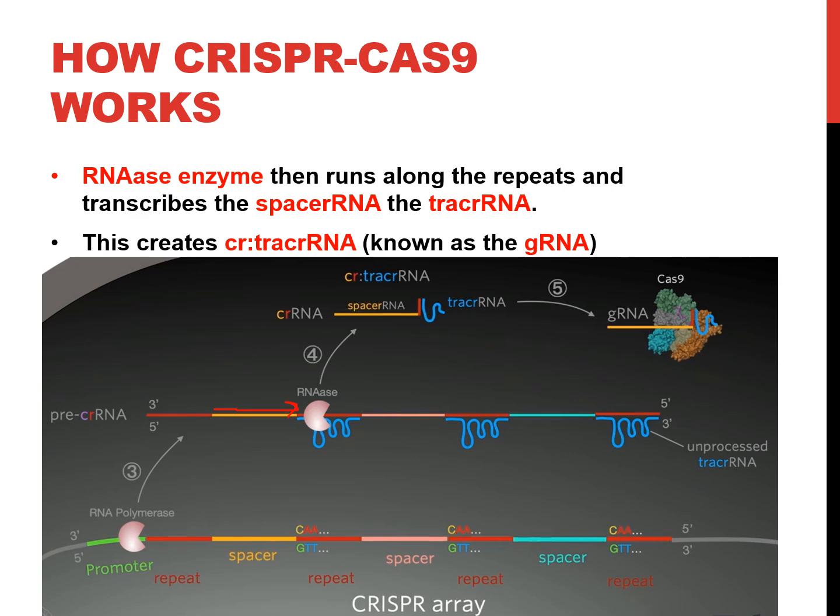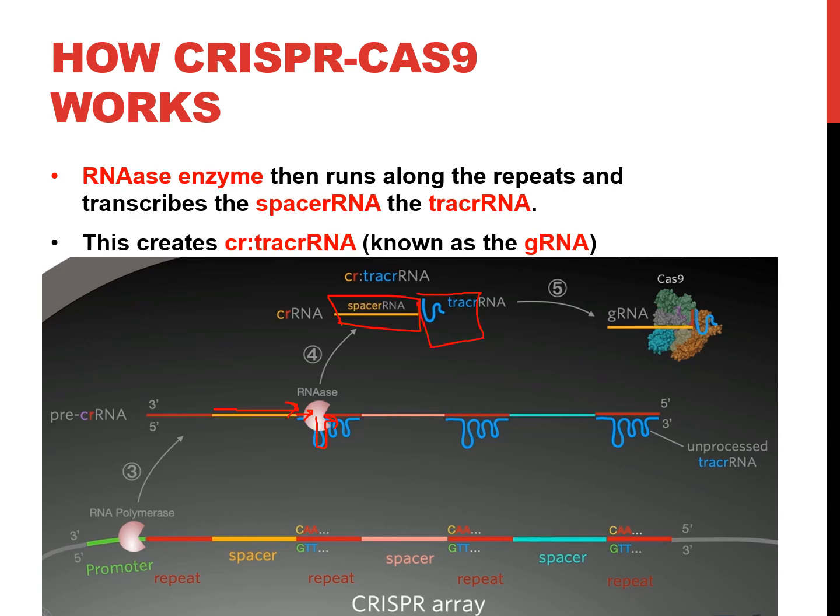All right, and it will transcribe that spacer RNA, as well as a little bit of the spacer itself, and then a little bit of these hairpin loops. So we call that the spacer RNA. As you can see, the specific segment, and then we have the tracer RNA.